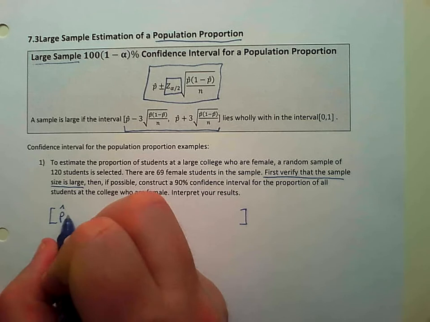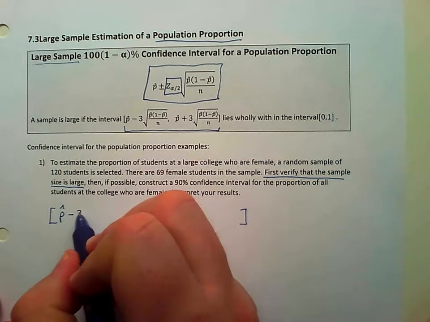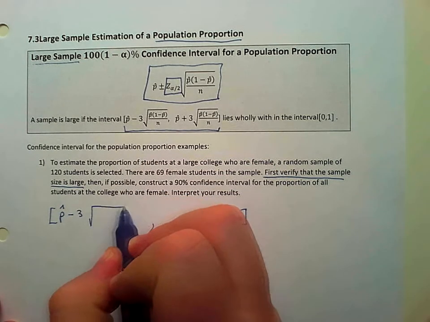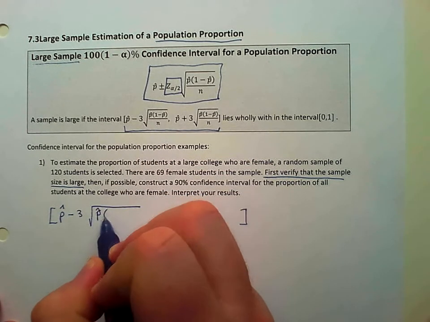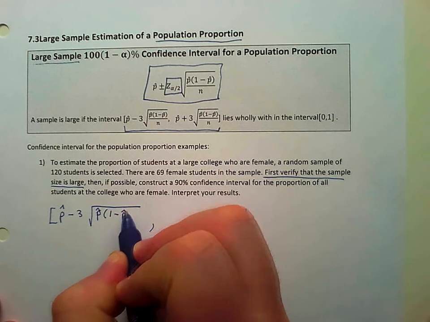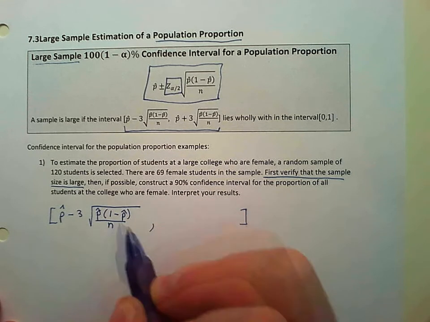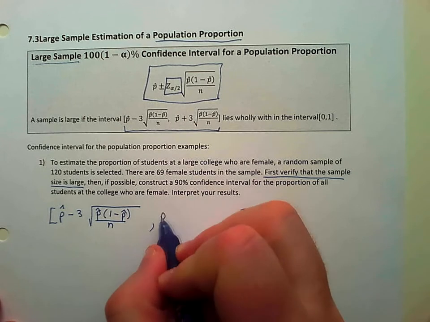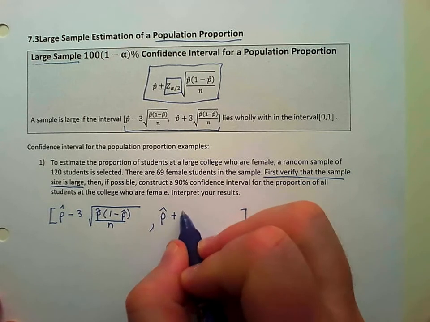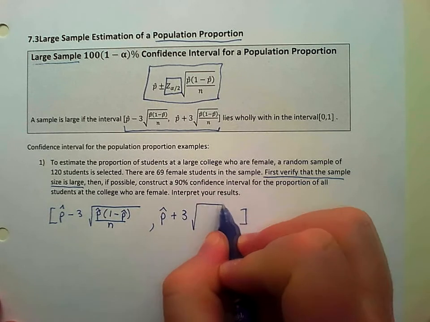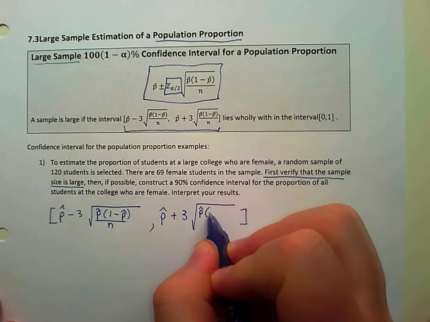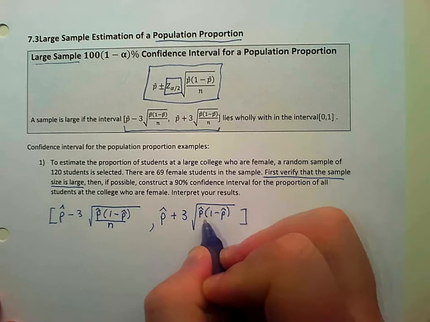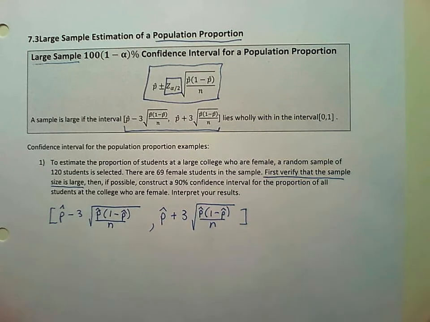The lower bound of our interval is given by p hat minus 3 times the square root of p hat times 1 minus p hat over n. And the upper bound of our interval is given by p hat plus 3 times the square root of p hat times 1 minus p hat over n.